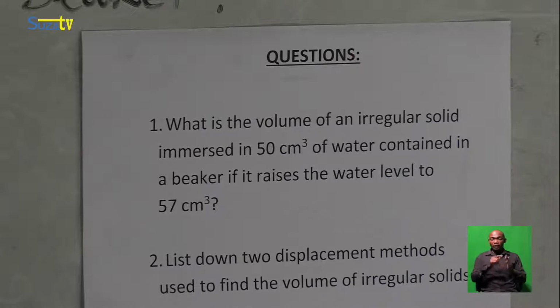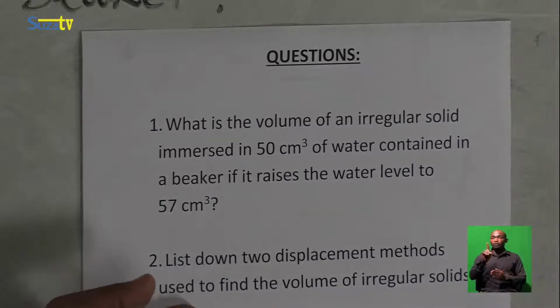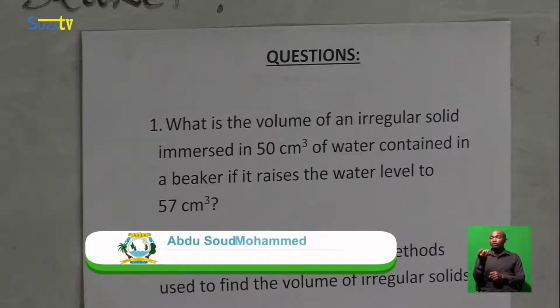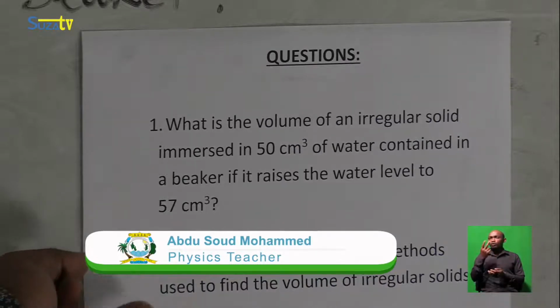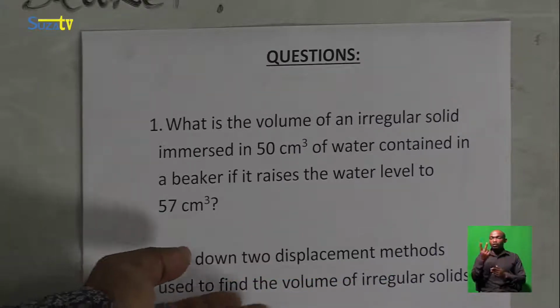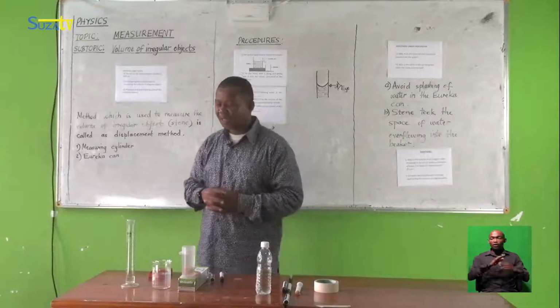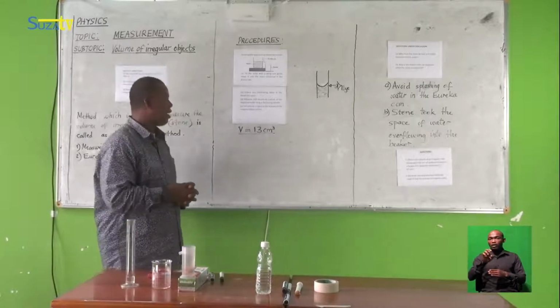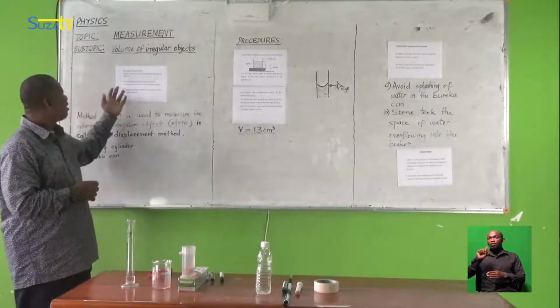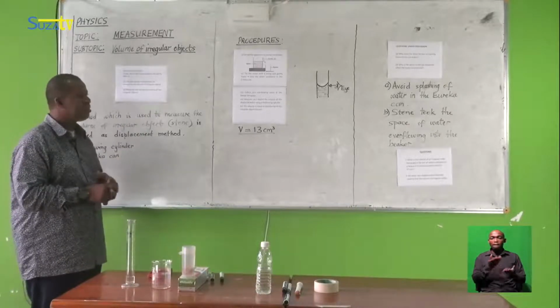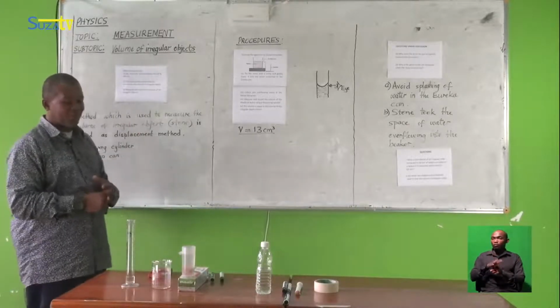Now number 2, list down two displacement methods used to find the volume of an irregular solid like a stone. My belief is that now you can use the appropriate instrument for measuring the volume of irregular objects.